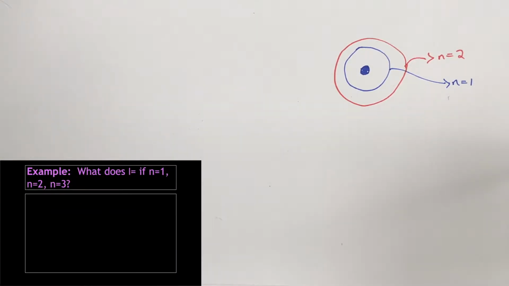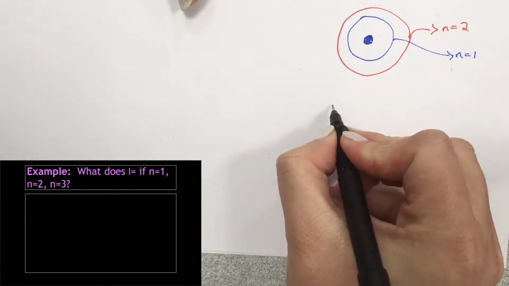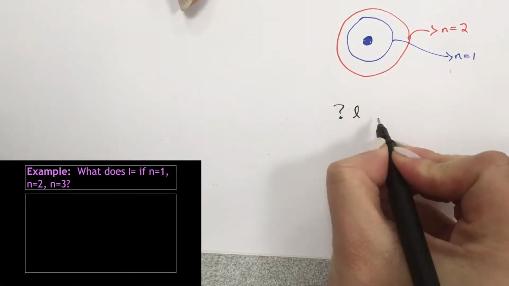Okay, so an example, we already have an example. What does L equal if n equals 1, n equals 2, or n equals 3? Let's just look at the first one.